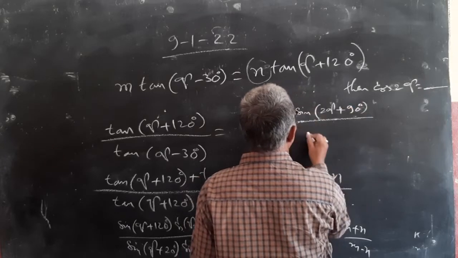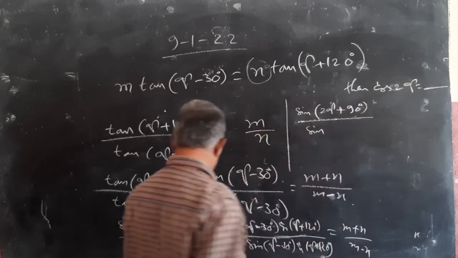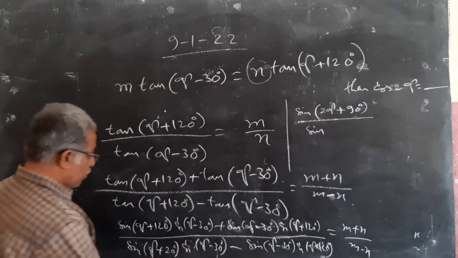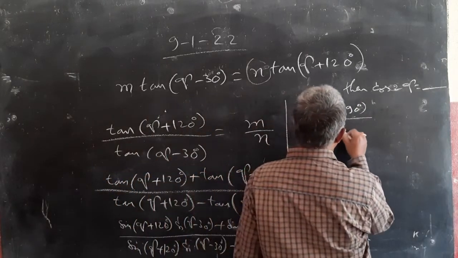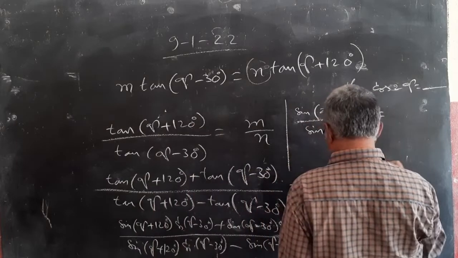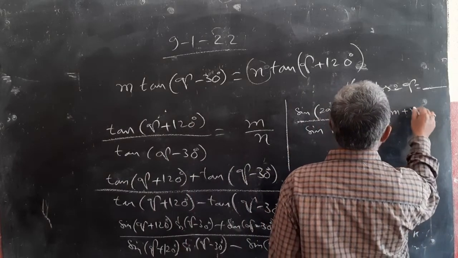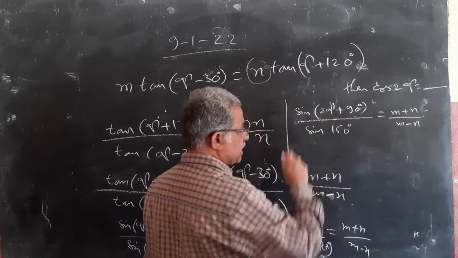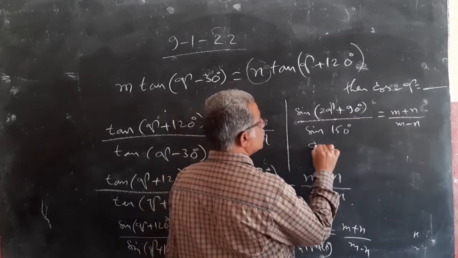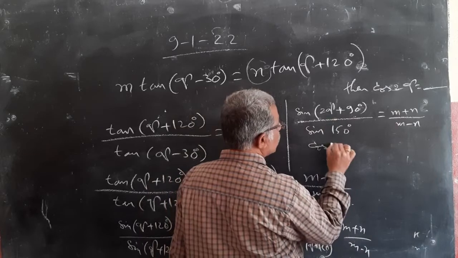Sin of a minus b means q gets cancelled, 120 minus of minus 30, plus 30, becomes 150 degrees. Equal to m plus n by m minus n. Now sin of 90 plus theta is cos theta, so this becomes cos 2q.